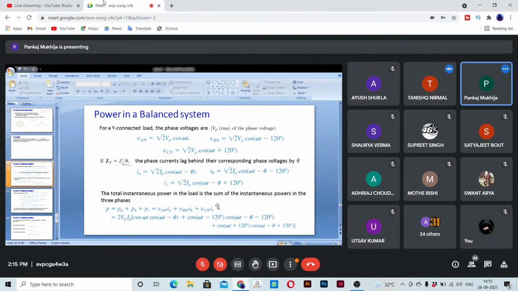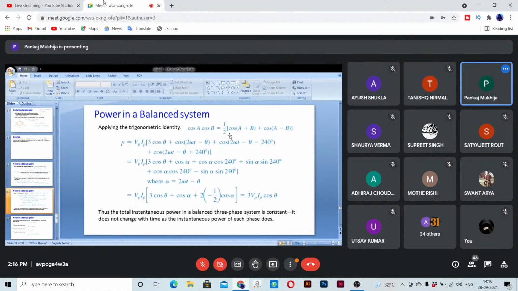Yes, sir. Very good, you must remember because you studied it recently, only last year. So we have 1/2 cos a plus b plus cos a minus b. I think this is what you were saying. So P equal to VP IP, we make use of this identity, and finally we do some simplification.